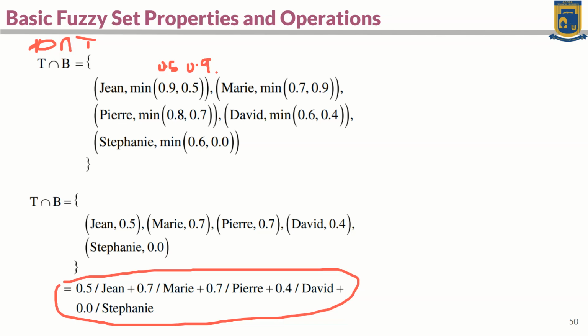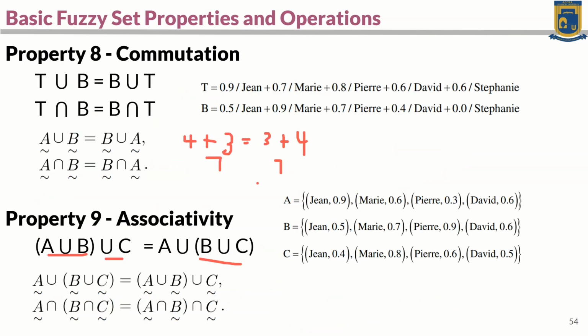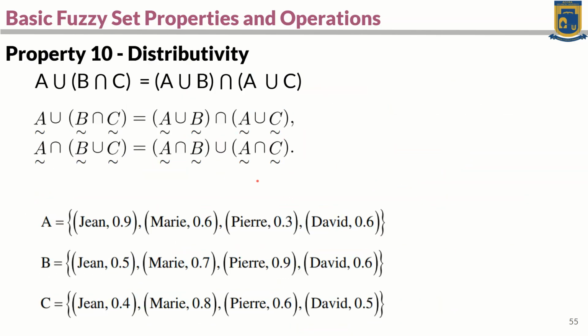Then here it becomes 0.9 and 0.7. So it's just you flipping the degree of membership to tell that this one is coming first, this one is coming last. And we are saying that if it is commutative, it has to be the same. Doesn't matter the flipping.